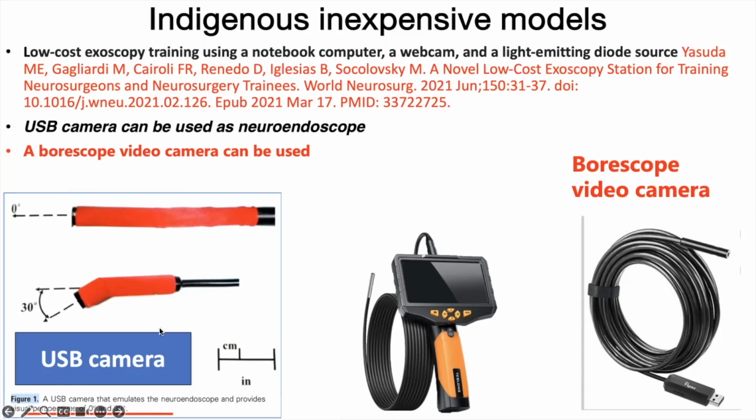So this is a USB camera which can be used as a 0-degree, or it can be bent and used as a 30-degree endoscope. And in the same way the borescope video also can be used. These are inexpensive as compared to endoscope, light source, and cameras.